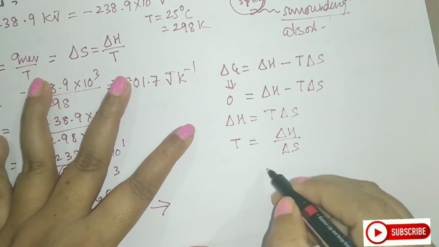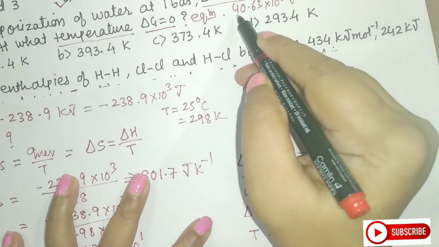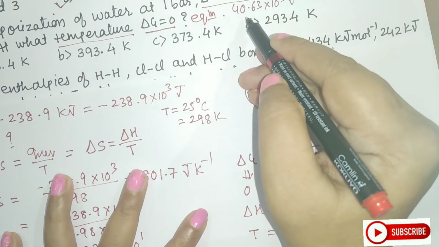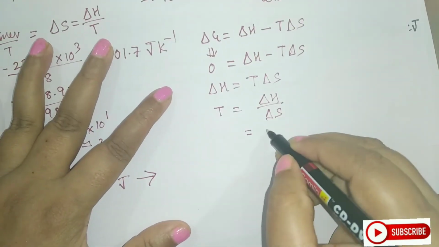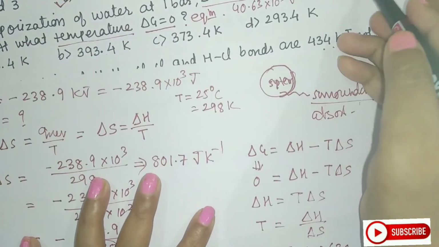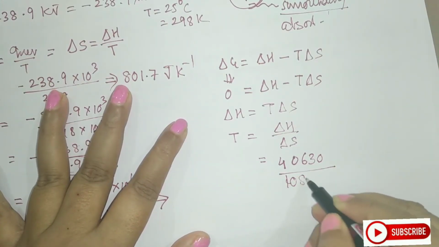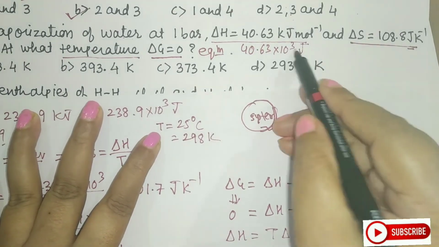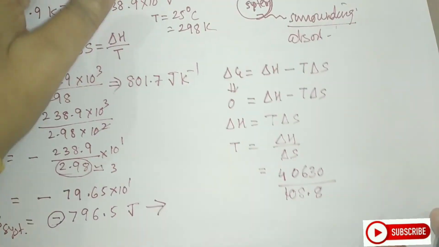Now let us substitute. This 40.63 into 10 raised to 3, I will take it as 40630. So 40630 divided by 108.8. So this is the value which is given in the problem. Now we have to calculate the temperature.